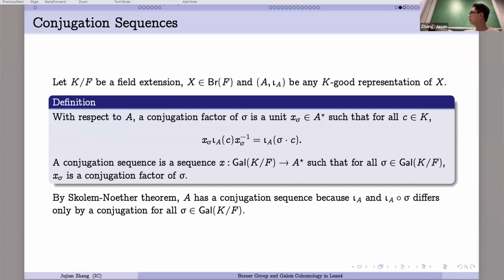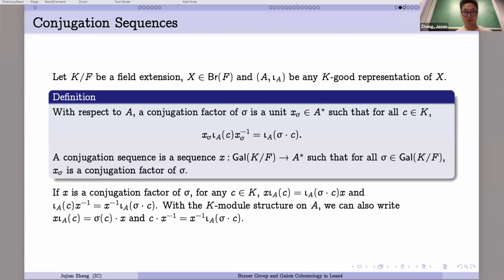And by Skolem-Noether theorem, because the embedding from K to A and the embedding composed with any homomorphism are two algebra homomorphisms, we can see there actually exists a conjugation factor. Yeah, by Skolem-Noether.